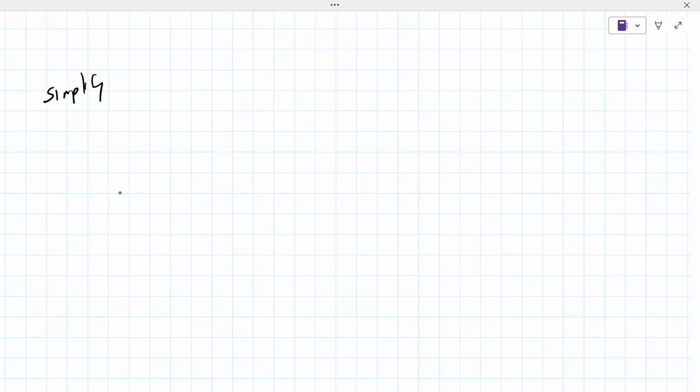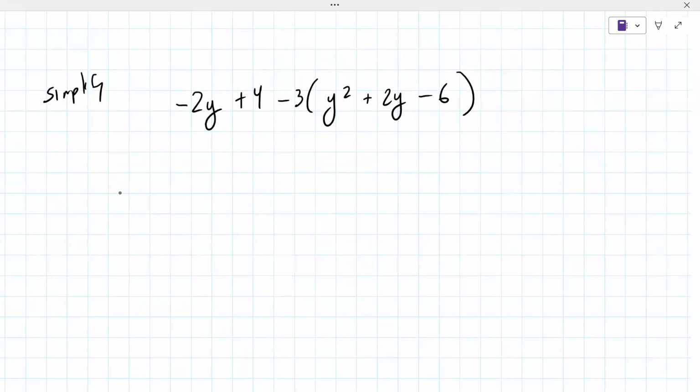Say it's a negative 2y plus 4 minus 3 times y squared plus 2y minus 6. You are familiar with the distributive property? Yes. What to do with this negative 3? Okay.